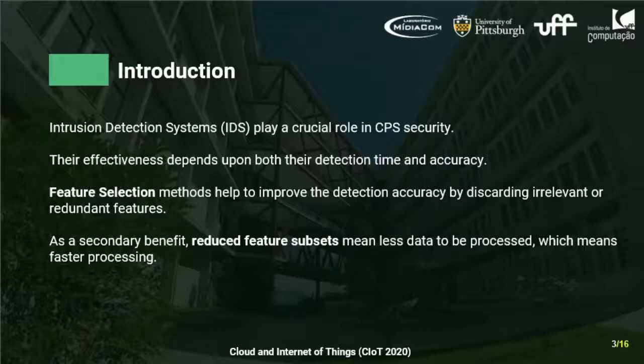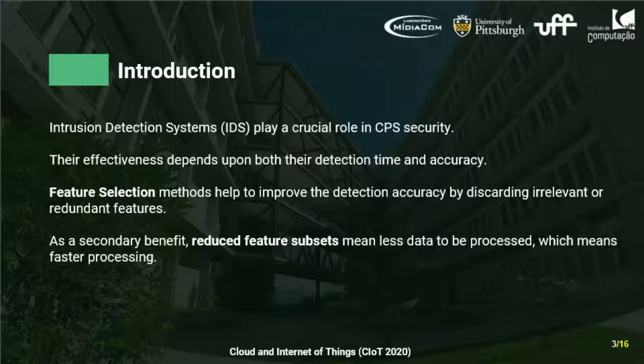Their effectiveness depends on both their detection time and accuracy, because when an attack is occurring, you need to detect it timely and also with high precision. So feature selection methods can help to improve the detection accuracy by discarding irrelevant or redundant features.